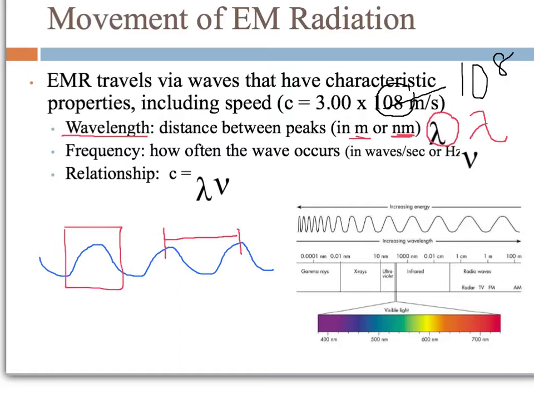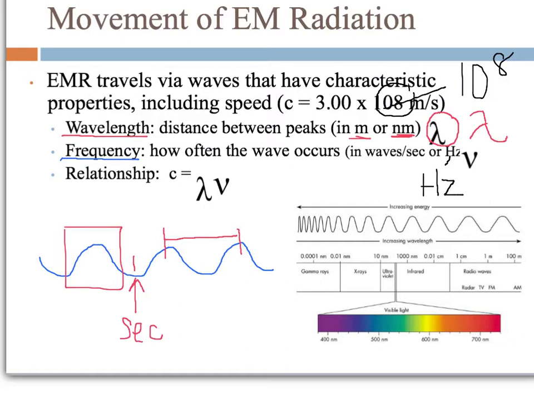The other feature of waves that we talk quite a lot about is frequency, or how often the waves pass a certain point. A lot of times we're looking at this in terms of a second. If we count 1 second, how many waves go by this particular point in 1 second. And so it's often measured in waves per second, or in this value called hertz, which is abbreviated Hz.